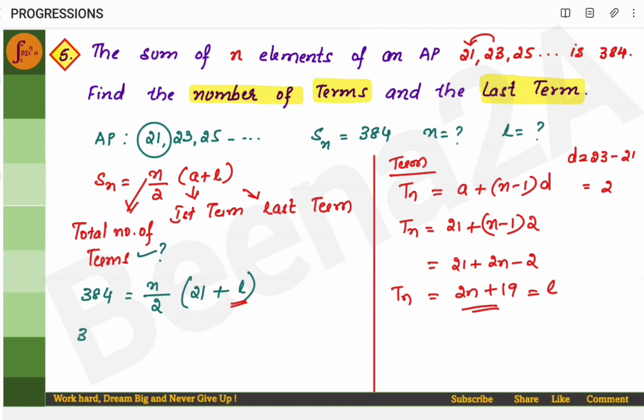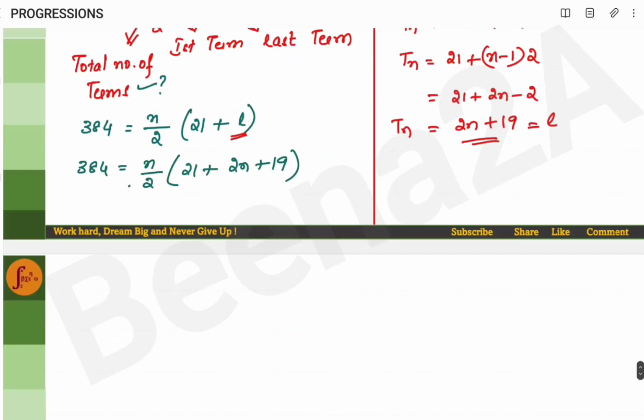So we'll get 384 is equal to n by 2, (21 plus 2n plus 19). I'll shift 2 this side, so I'm going to multiply. It's going to become 384 into 2 is equal to n into (21 plus 19 is 40, plus 2n).